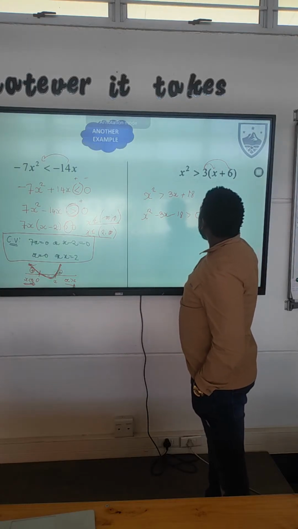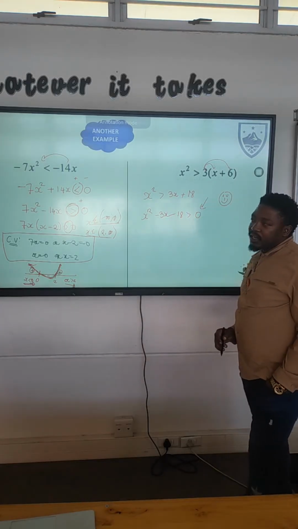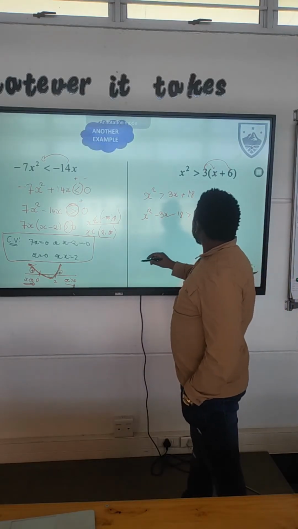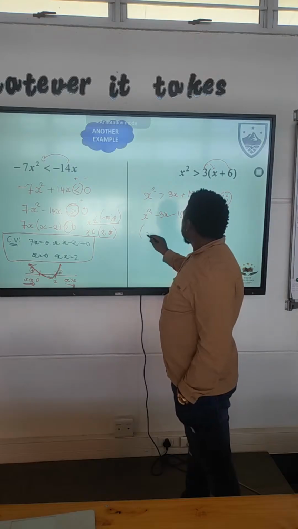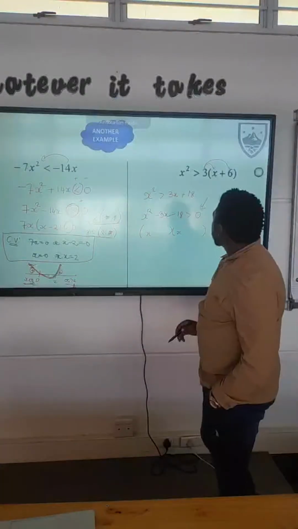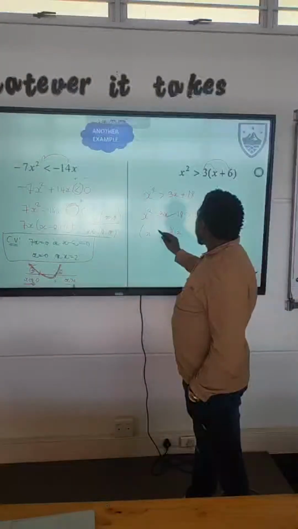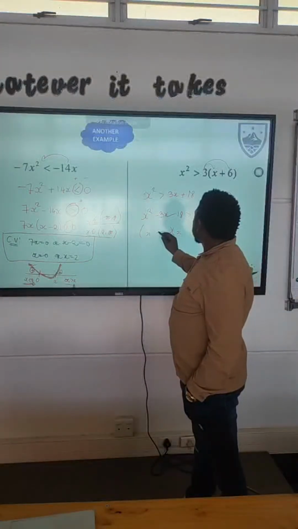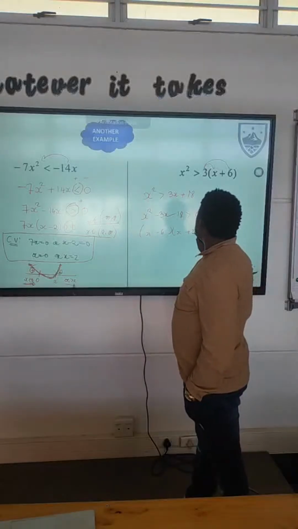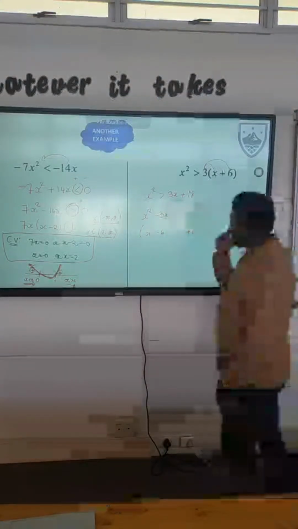Here's our 0, we get excited. We have a 0 on the right hand side, so we can try to factorize this on the other side. We have an x, and then let's see if we use 6 times 3, and because we're looking for a negative, so x minus 6 and then x plus 3 must be greater than 0.